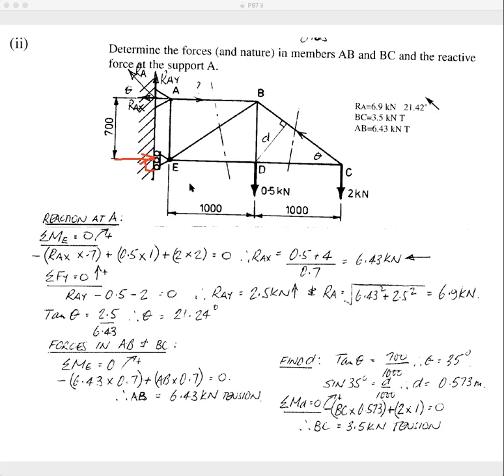Okay, so these cut members here, I've put them in tension, and I'll put a question mark there. Now, I haven't actually shown these in tension here because I'm going to take moments about E. Now, the reason why I'm taking moments about E is to eliminate the moment of that force and that force.